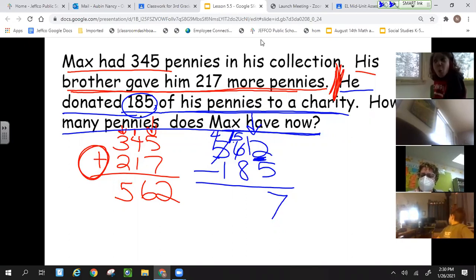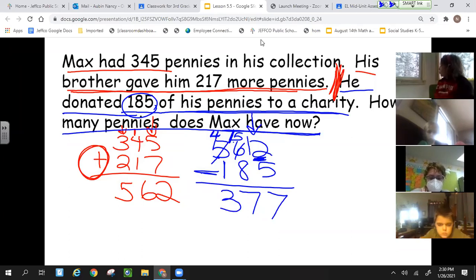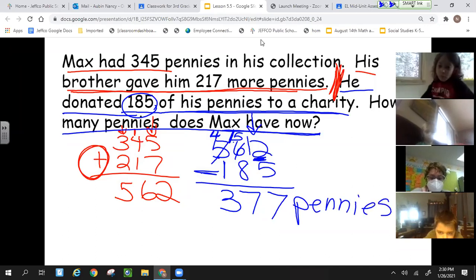That equals 7, so put another 7 at the bottom. Okay, and then 1 minus 4 equals 3. Well, that would be negative. We want to stick with 4 minus 1, right? Yeah. What would 4 minus 1 be? 3. And what's our answer? 77. And what's our unit? Pennies.